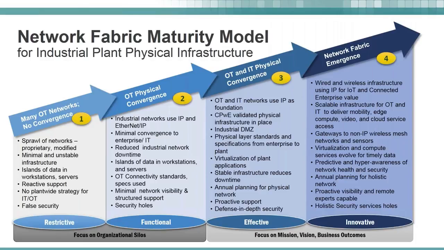Then we move into area 3, which is where we're going to converge the OT, the operational area, and the IT networks. And this is something called CPWE oftentimes. And so this means that we're going to be using similar technologies throughout our entire enterprise. And so this is going to allow us to virtualize some plant applications.